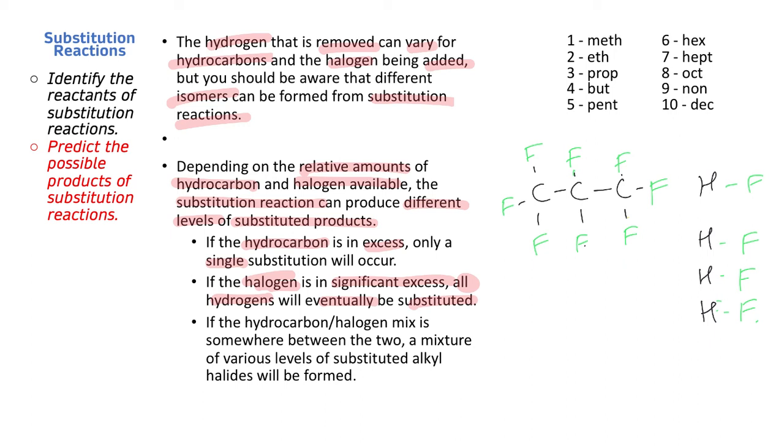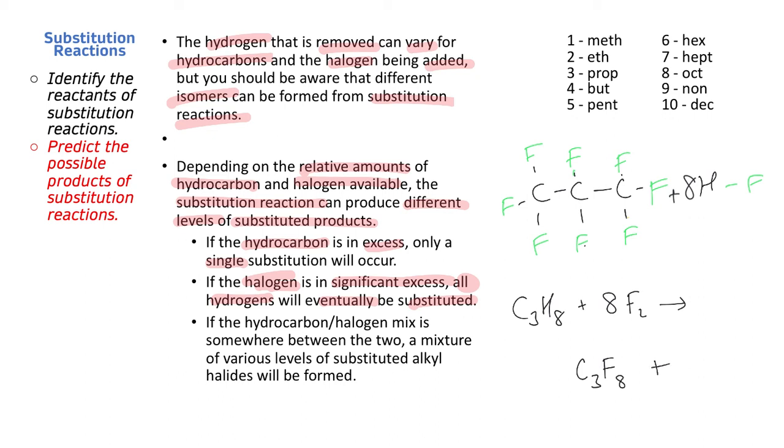The other fluorine must stick with the hydrogen that fell off. So in theory, you would need to produce 8 of those HFs for it to be balanced. Really, it would be C3H8 plus 8F2 forming C3F8 plus 8HF.